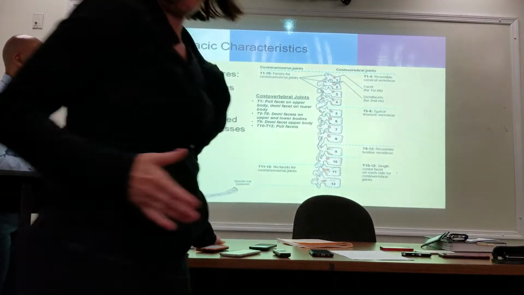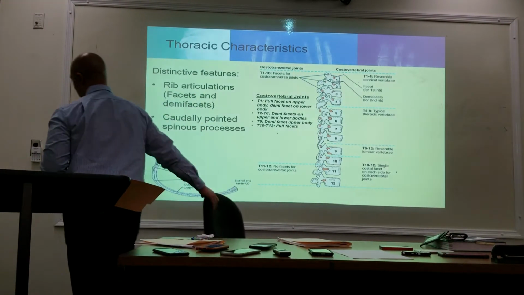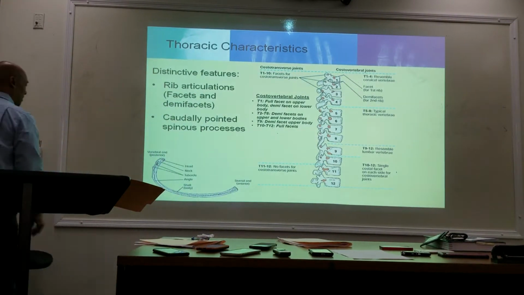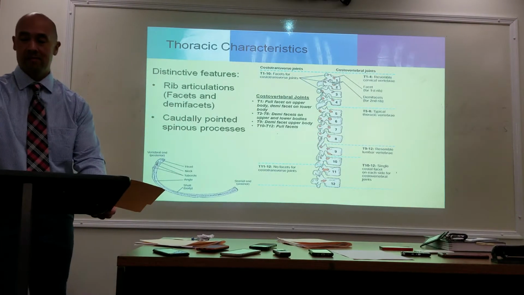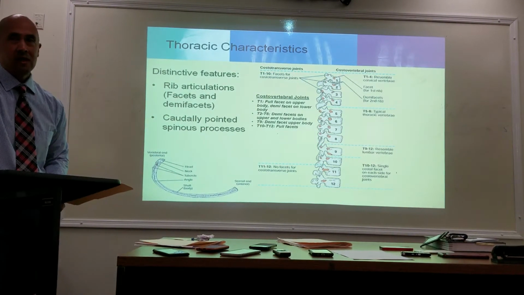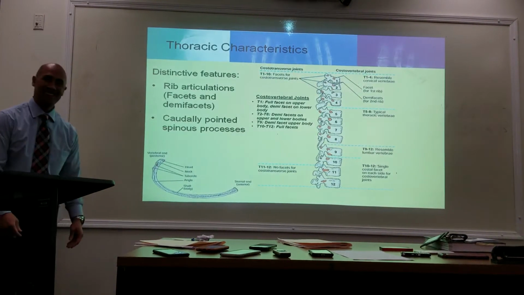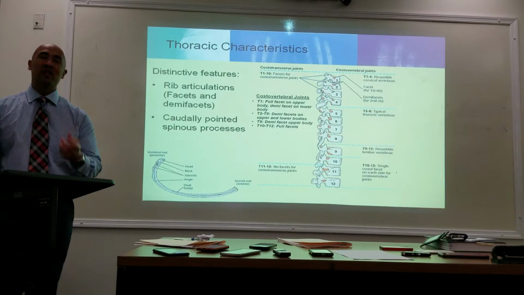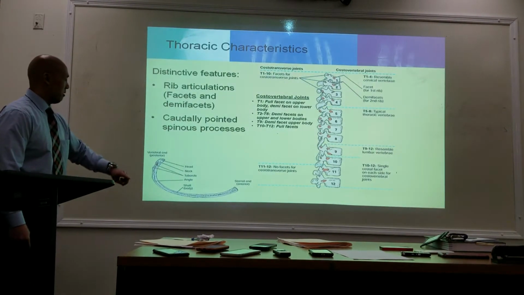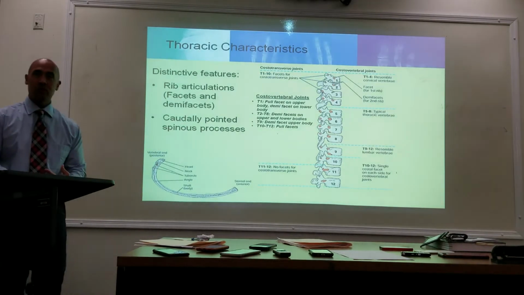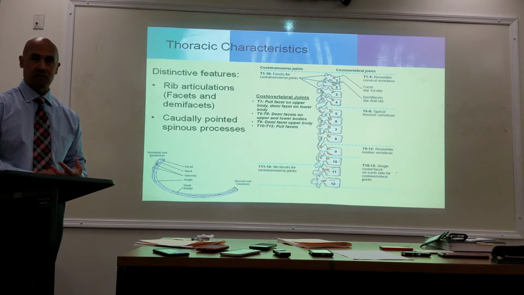Okay? Now, do you guys recall rib anatomy? You guys recall that? Somewhat. It was last semester. So the costotransverse joint is formed by the tubercle of the rib and the transverse process of the thoracic vertebrae.